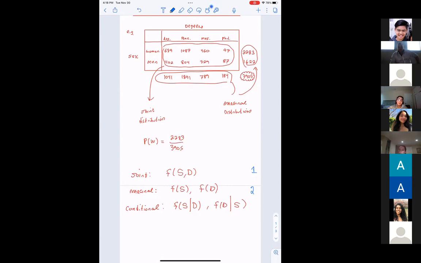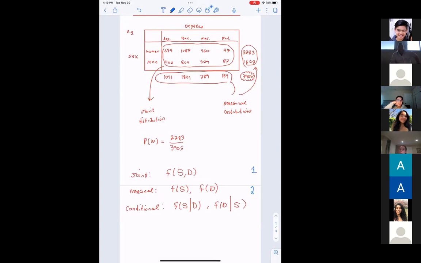If you condition on the sex of the individual, how many different ways can you condition? I could say, what's the likelihood of getting an associate's degree given that we're dealing with a woman, or given that we're dealing with a man? So there's 2 conditionals when I condition upon the sex of the individual.